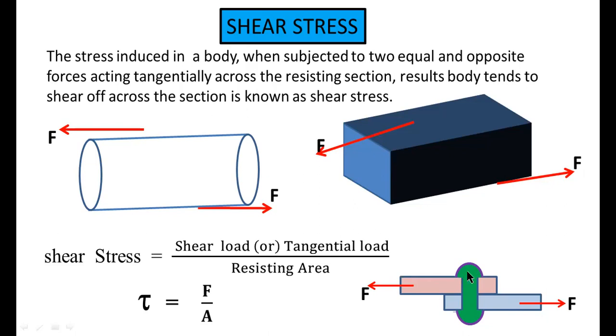This joining element is used to resist the loads; it avoids the separation of the two plates. That's why you have to consider the resisting area of this element. Don't consider the area of the plates. This is a resisting element, and this is an example of a riveted joint.